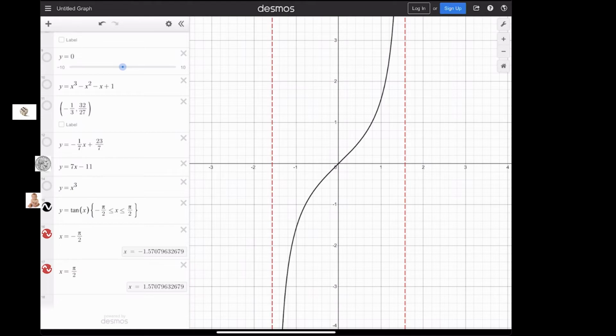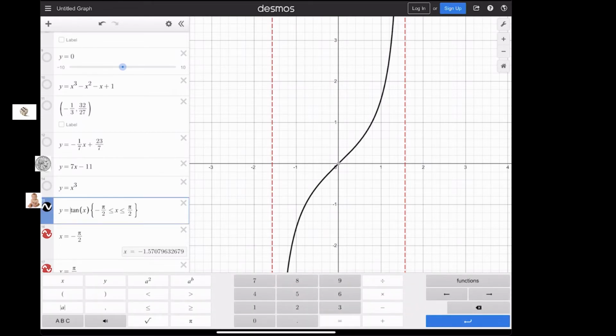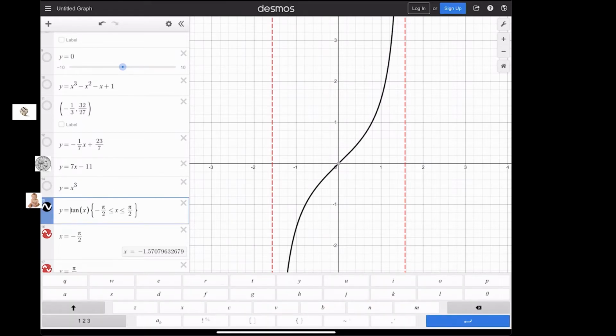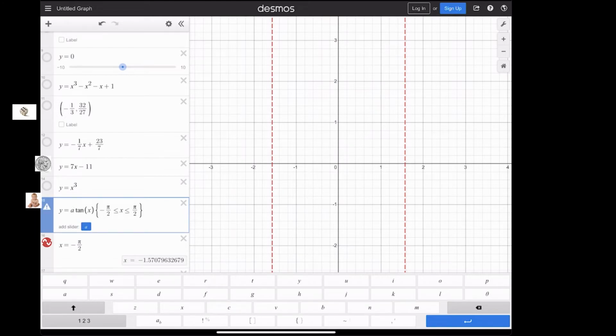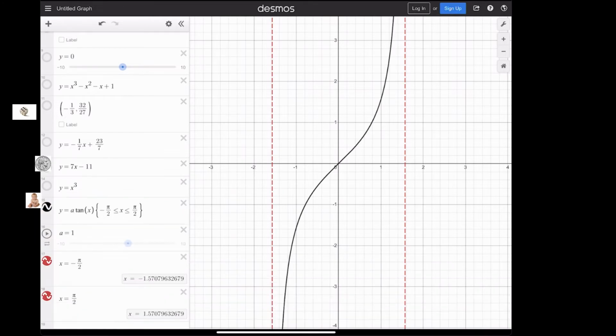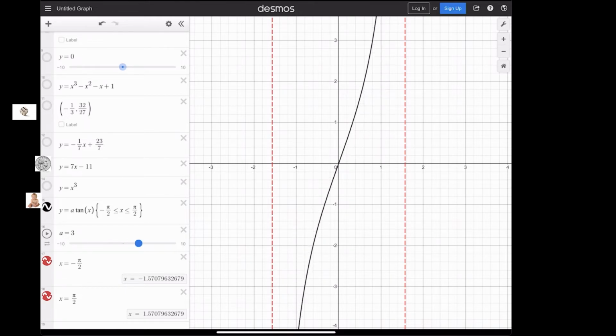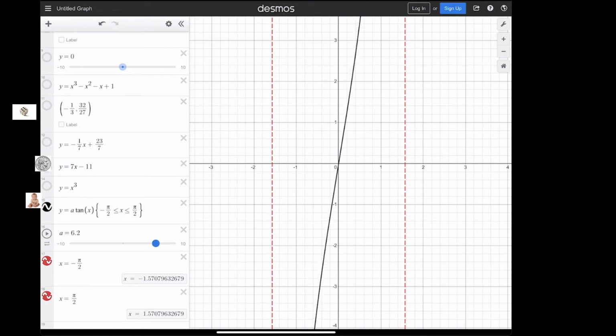But then, let me put here A. Does it let me put A? It might. Ooh, A. There we go. What happens when I add an A value as I increase? A is 3 now.